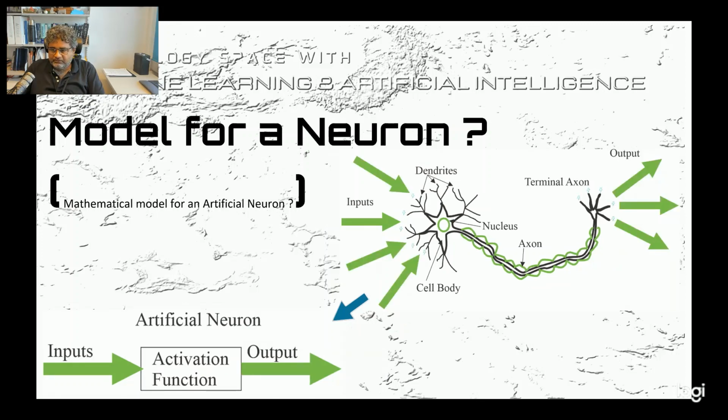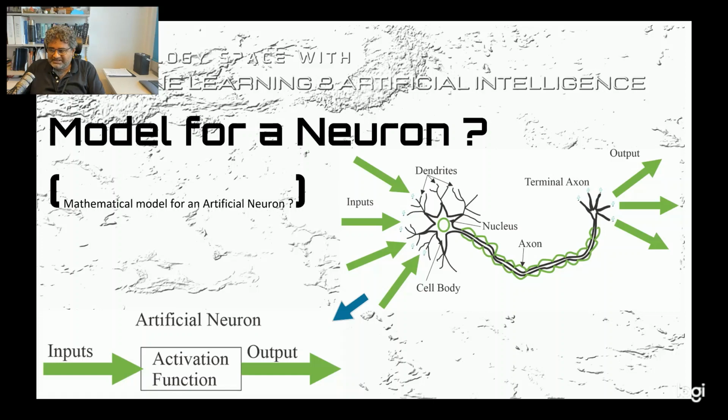But think about a different situation where you have multiple inputs, multiple electrical sparks delivered by other neurons through the dendrites of this neuron. In this situation, the neuron gets enough electricity to excite itself. Then, when its body is excited, it releases another electrical energy as sparks. That electrical energy is delivered through the terminal axon as output.